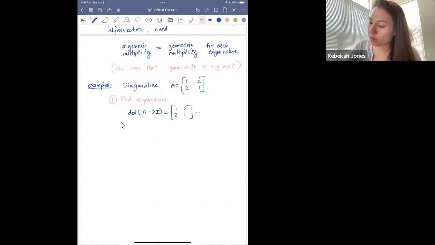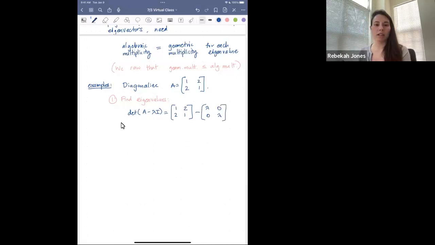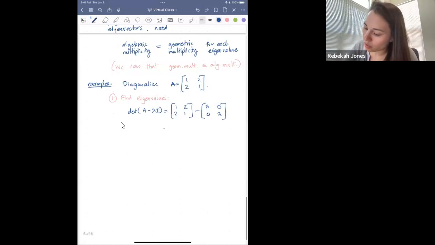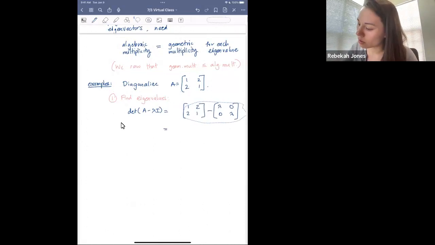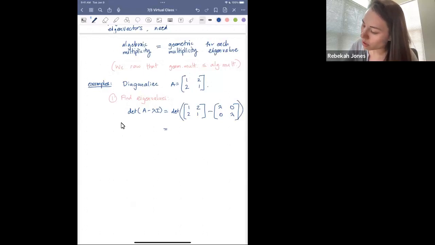And when I multiply the identity matrix by lambda, what that does is replace my ones along the diagonal with lambdas. Right? So we need the determinant of 1 minus lambda, 2, and then 2, 1 minus lambda.